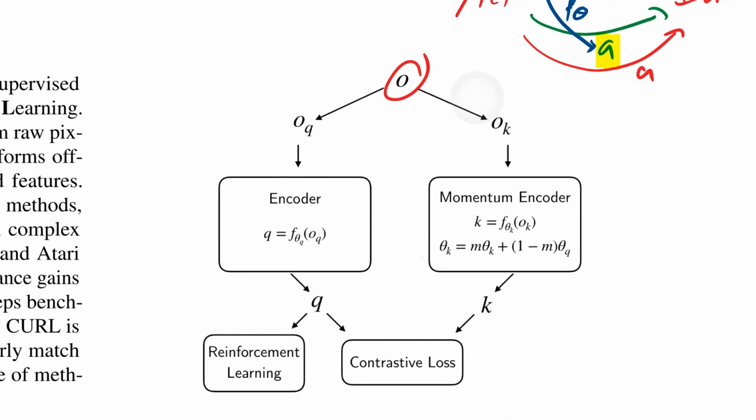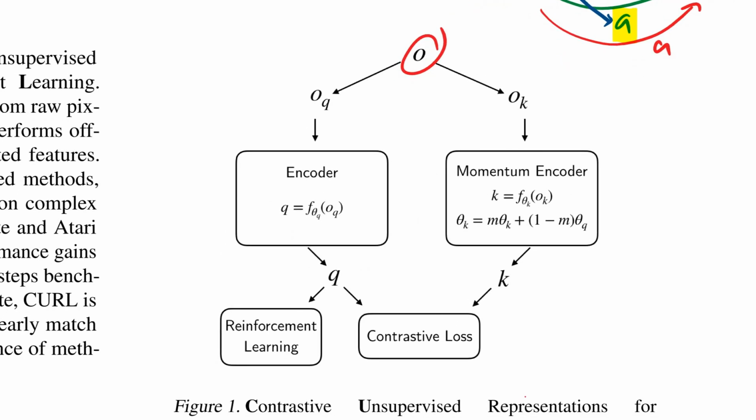And you can think of the same here. So you have this input observation up here, and down here, after the reinforcement learning, the output is going to be an action, right?